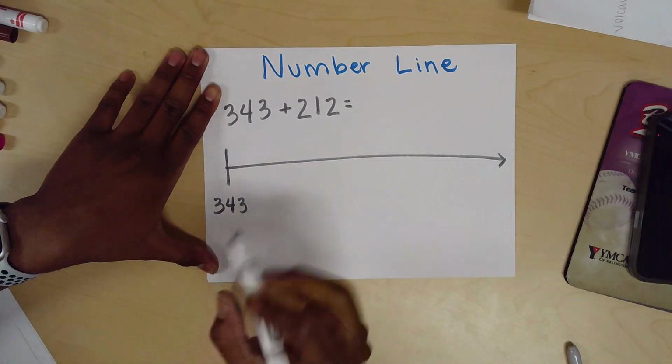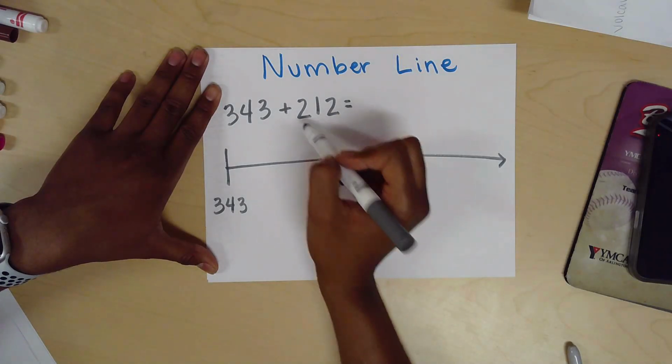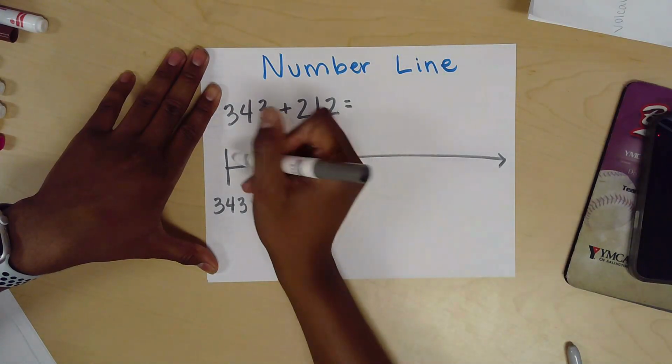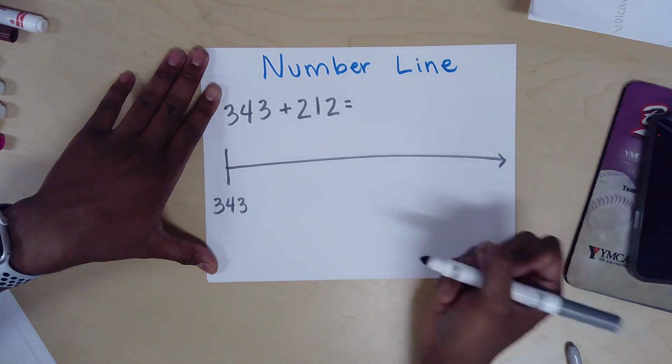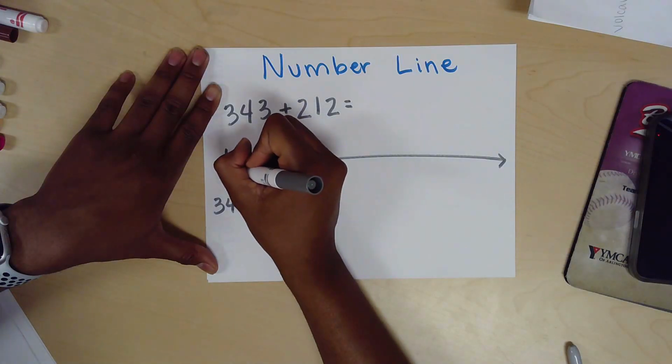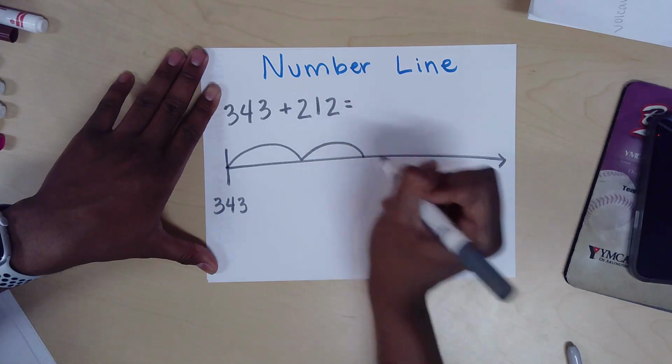And then what we do is we add on by the place values. So let's add on 200. You can either show that with one big jump or with two medium jumps, because what many of our kiddos are going to need to do is these two jumps.